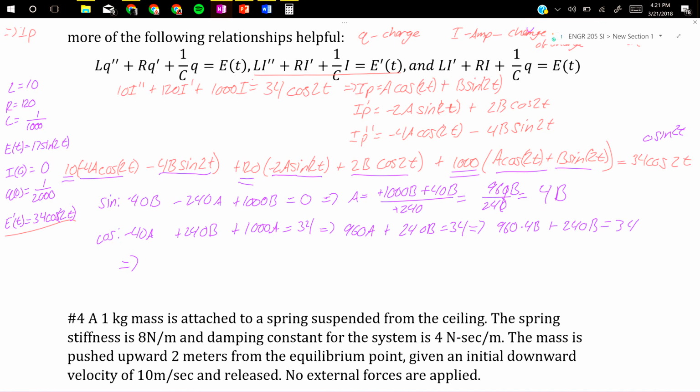And then this implies, and a good way you can do it, you can factor out some stuff here. So you can factor out 240 from each term before we multiply.